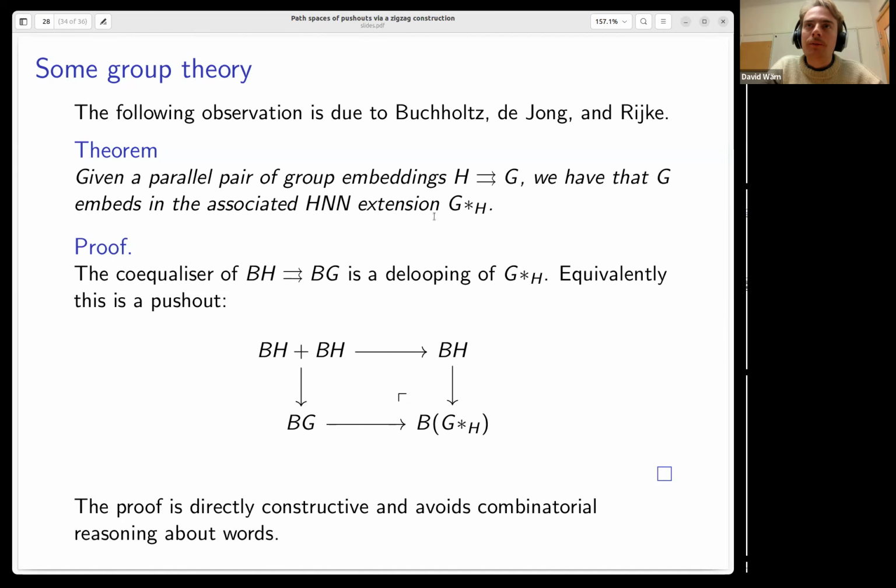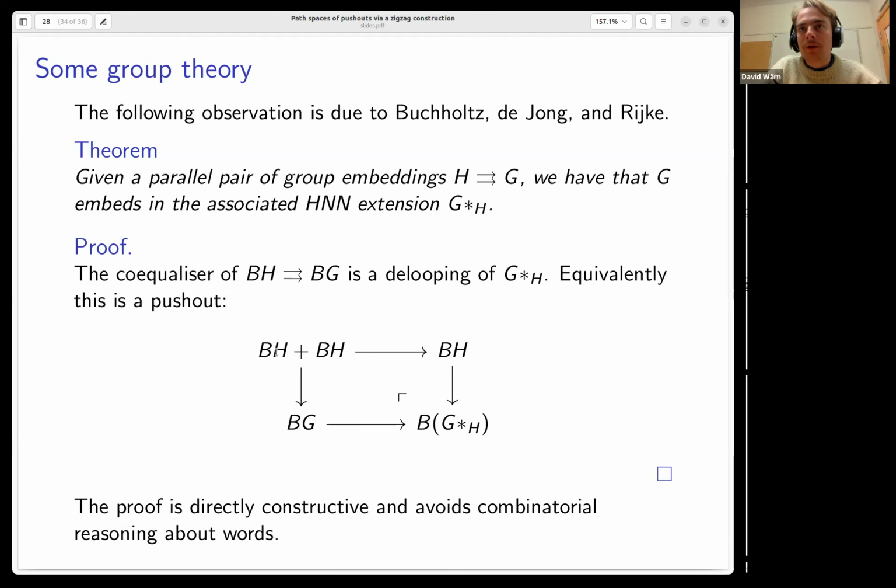Basically because at the level of the loopings, this HNN extension is a co-equalizer. It's the colimit of this diagram of the loopings. I haven't talked about co-equalizers before, but they are a kind of non-recursive HIT, and they can be expressed as pushouts in this way. So the assumption that H to G is an embedding means that the map BH to BG is zero truncated.